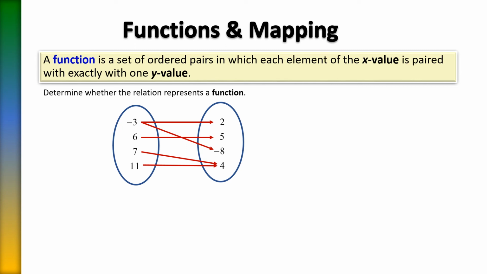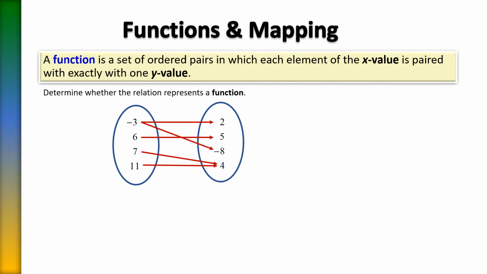So I don't need to go any further in determining whether this is a function or not, because I've noticed that for the first two ordered pairs, I had -3, 2, and then -3, -8. So it violated the definition of a function, because each value of x must be paired with only one y value.